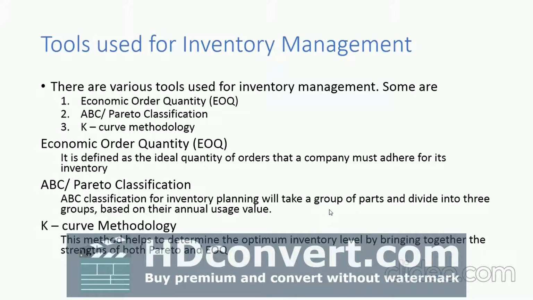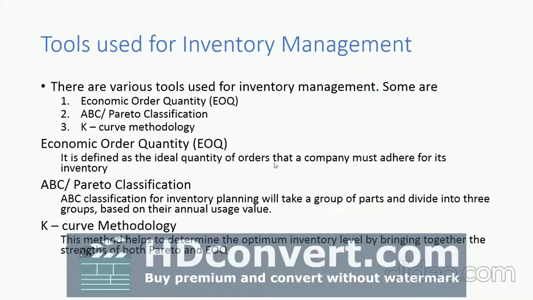The three groups will be class A, B, and C. Class A products are highly in demand comparatively to class B and class C, and class C are the least, based on their annual usage value.